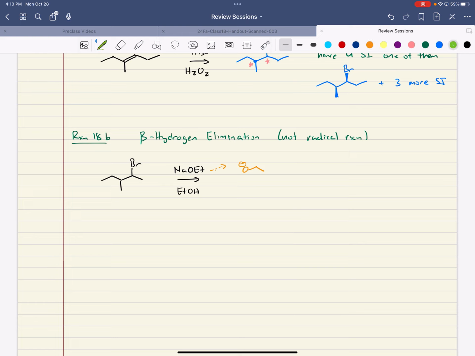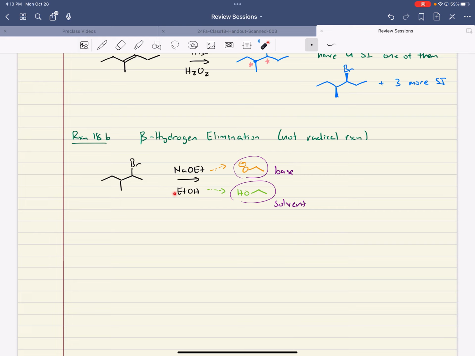But this one at the bottom is neutral, HO, okay? So who's going to be the eliminator? Who's going to be the base? When you have a negative and a neutral of the same type of molecule, the negative one is the winner. So this is the base, and this is acting as a solvent. It really does nothing except dissolve. So when you draw the mechanism, you are using for sure the O minus.